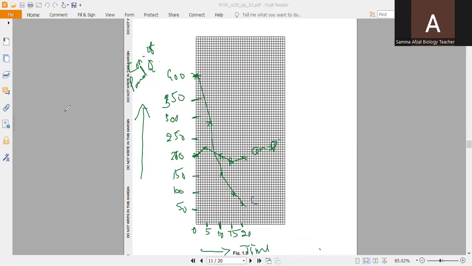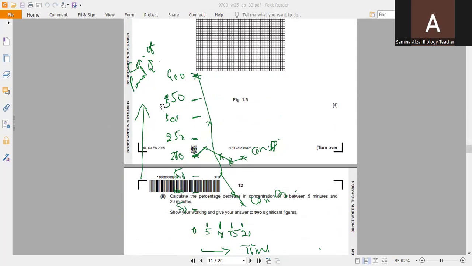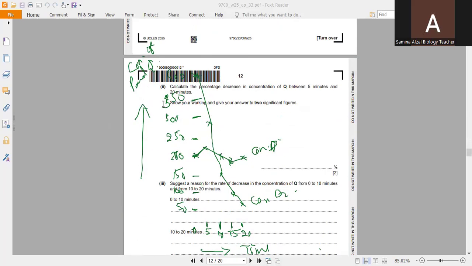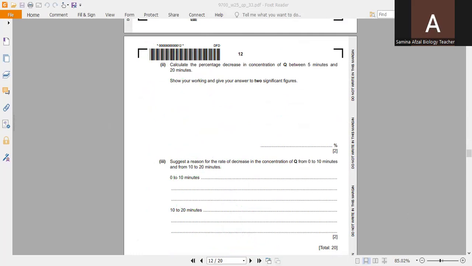So in this way you can draw these graphs. But it is a little bit difficult for me to draw these graphs here, so it will be very easy for you when you have a question paper and graph paper has been given. You can easily do that, but it is a little bit difficult for me over here.